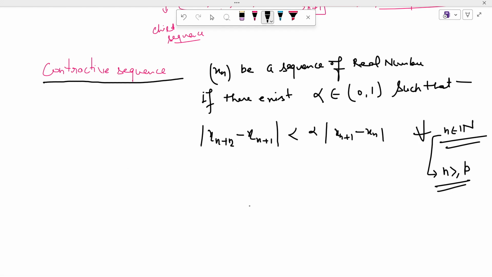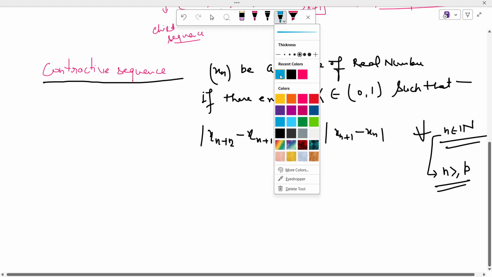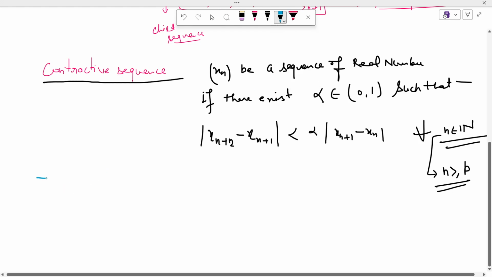What is the geometrical interpretation of a contractive sequence? For the time being, I am considering a monotonically increasing sequence like this. Suppose this is x1, this is x2, this is x3, x4, x5.